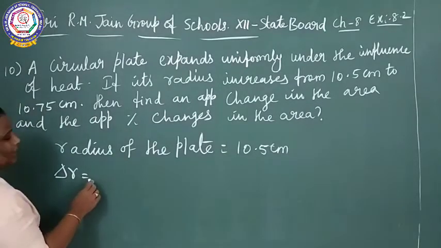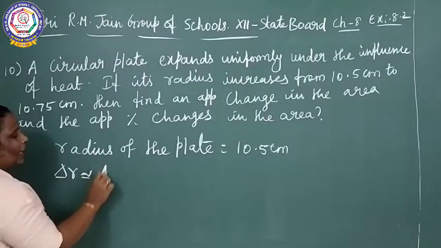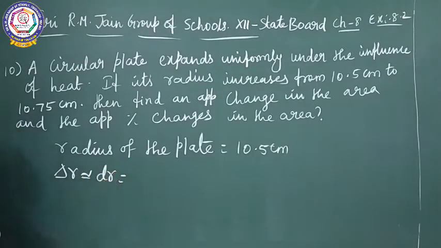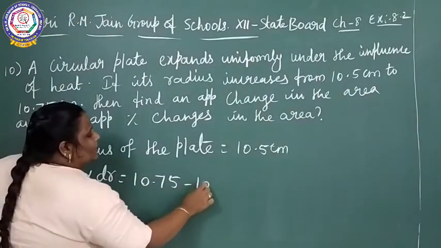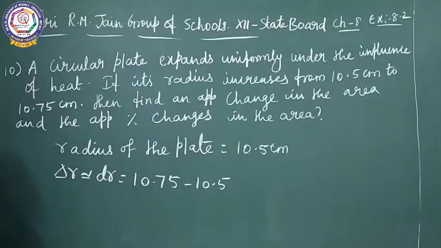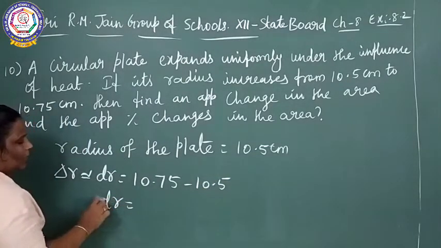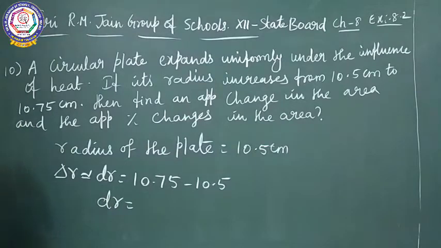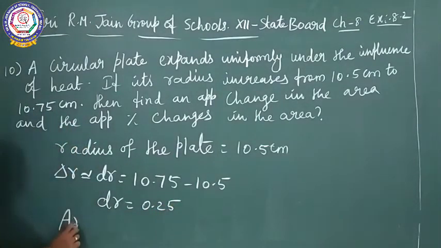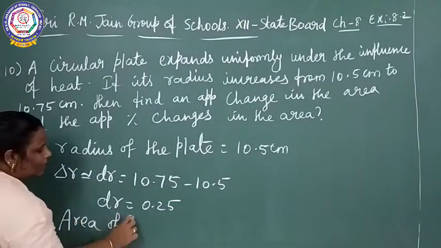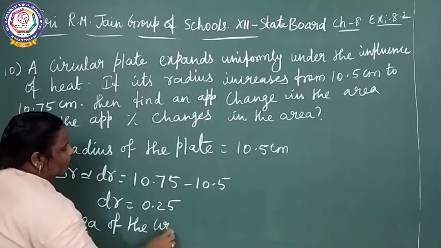Delta r is approximately dr, equal to the change in radius: 10.75 minus 10.5. dr equal to 0.25.